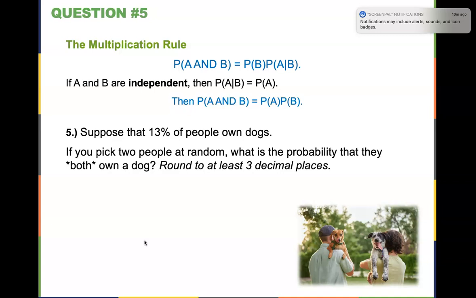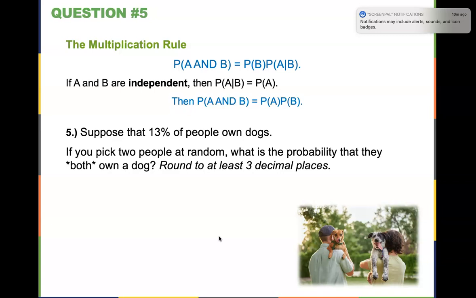Question number 5. Suppose that 13% of people own dogs. If you pick two people at random, what is the probability that they both own a dog? It's true that after you pick the first person, you don't put the first person back into the general population.